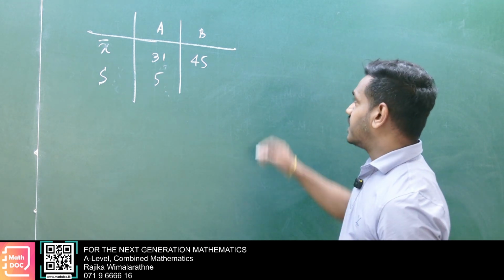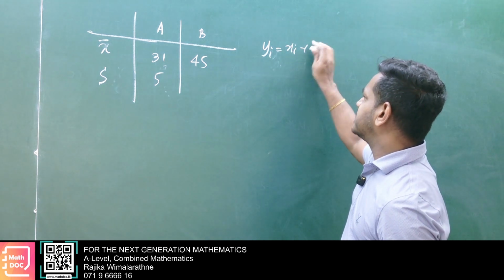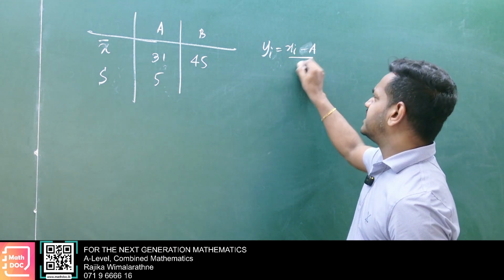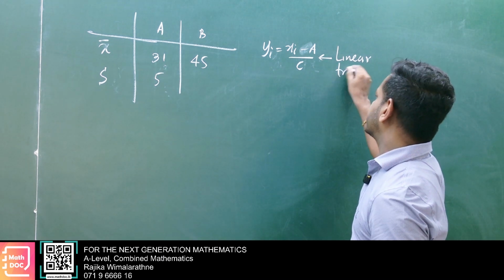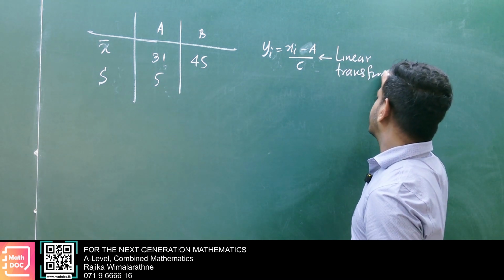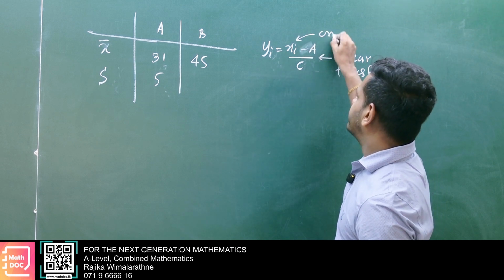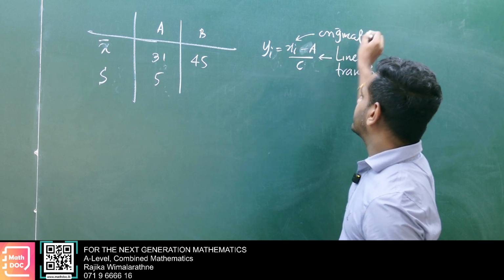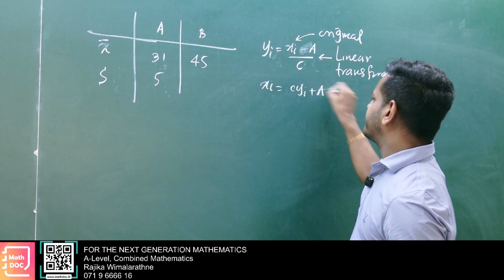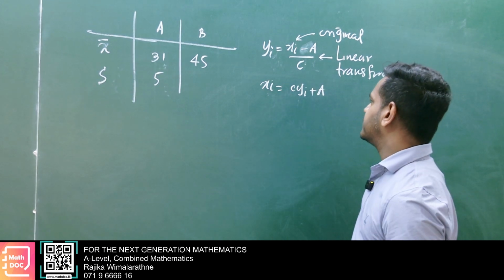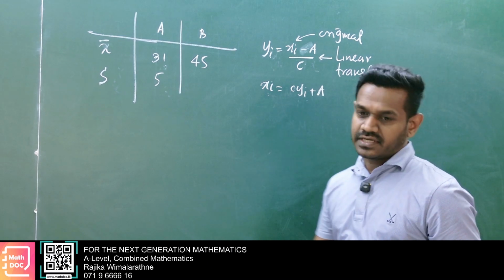Then I'll take yi equals xi minus a divided by c type. Say xi is the original, then xi equals c yi plus a. Here xi is the original one, and yi is the transformed value.